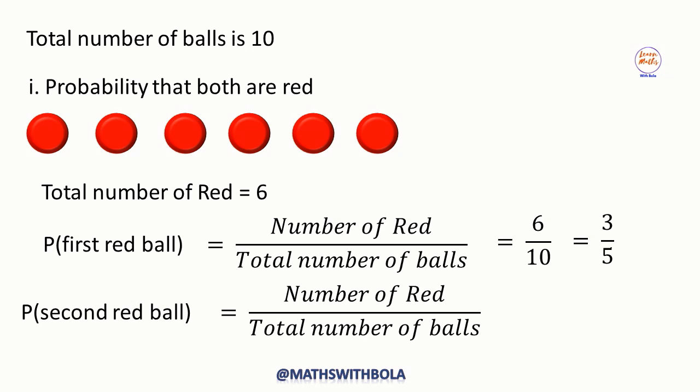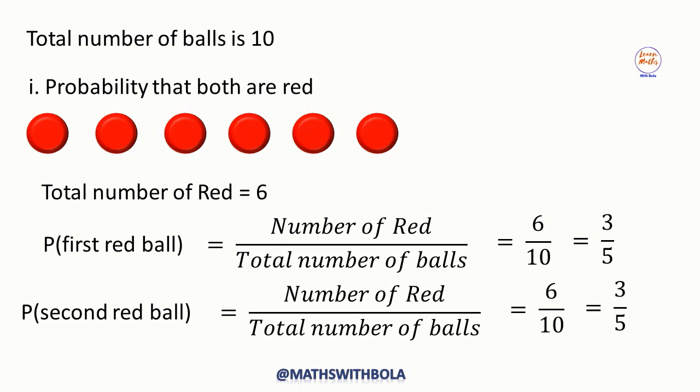Many times, I remember when I was in secondary school, this question is one of the most challenging in probability when you hear with replacement or without replacement. When you are told that a ball is picked and it is with replacement, you will still have the same number. The numbers do not change. So it is still going to be 6 over 10, in lowest form, 3 over 5.